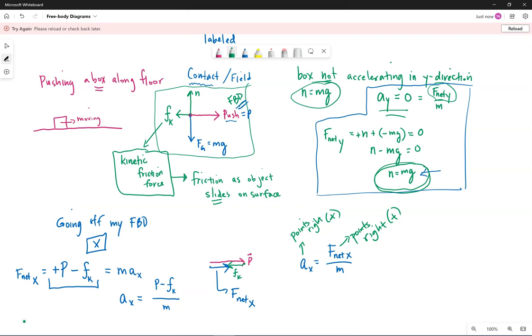The free body diagram is so important that I'm going to require that on every single problem on your test. So I highly recommend you practice drawing the free body diagram, labeling all the forces, setting up the equations as I am showing you, and I will continue showing you so that you are getting in this good practice.